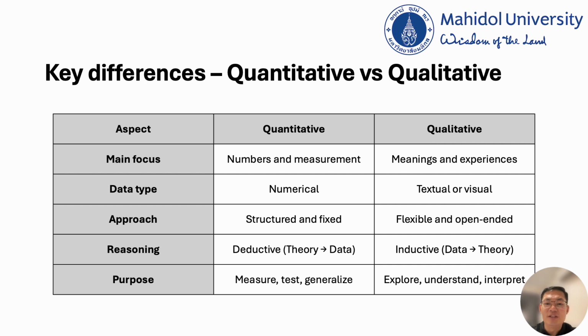Reasoning: quantitative follows deductive logic. Qualitative is often inductive. Purpose: quantitative research seeks generalizability and precision, whereas qualitative research provides depth and context. Both methods are valuable. Many researchers use mixed methods to get the benefits of these two approaches.